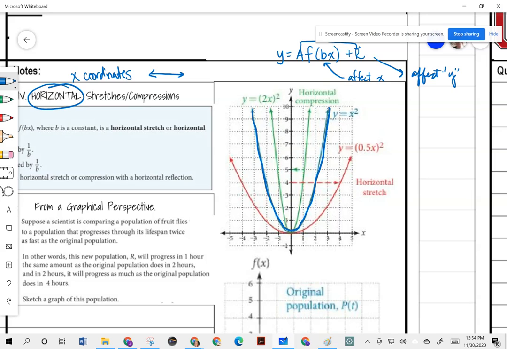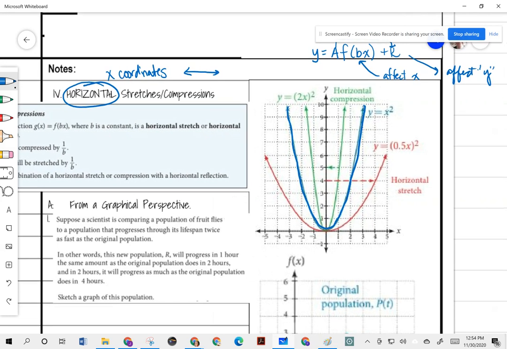Now, the idea behind how it affects the x is think about what we're trying to do here. We have a function and it's got some number in front of x, and we're trying to relate it back to the original function, like how did it change?